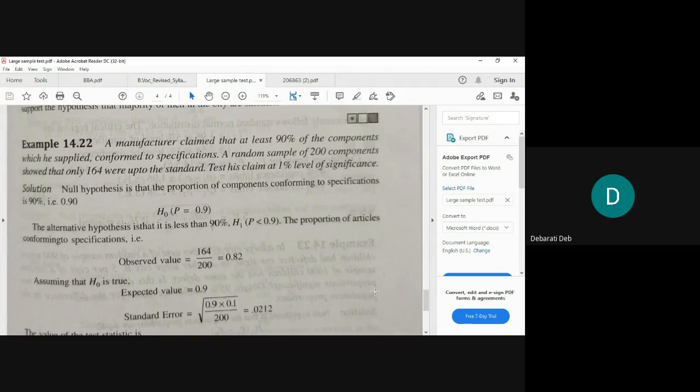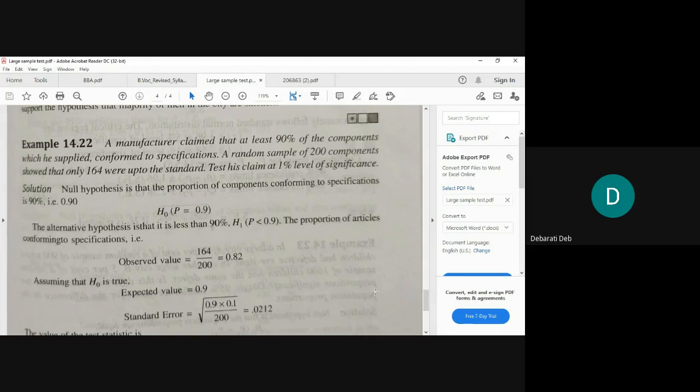Now we have the claim of the manufacturer who says that 90% of his components are up to the mark. So we put the null hypothesis as: the proportion of components conforming to the specification is 90%, that is 0.90.